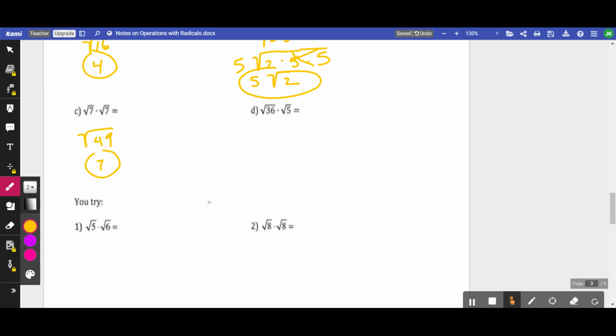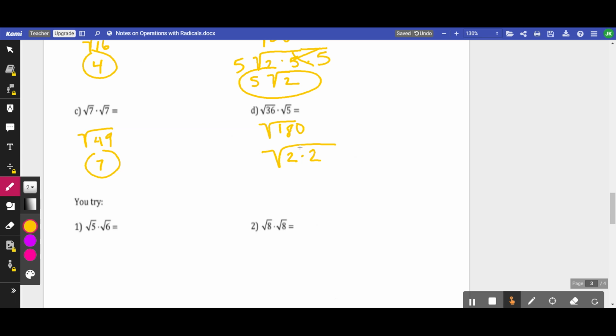And then for your next one here, you multiply the numbers out front and then the numbers inside. So 36 times 5. I think it's 180, I feel like. So this would be 180 then. And then you'll have to write out the prime factorization of the 180 to see if it's already simplified or if there's anything else you can take out. So if you divide the 180 by 2, then you have 90. And you take another 2 out of 90, which would then be 45.